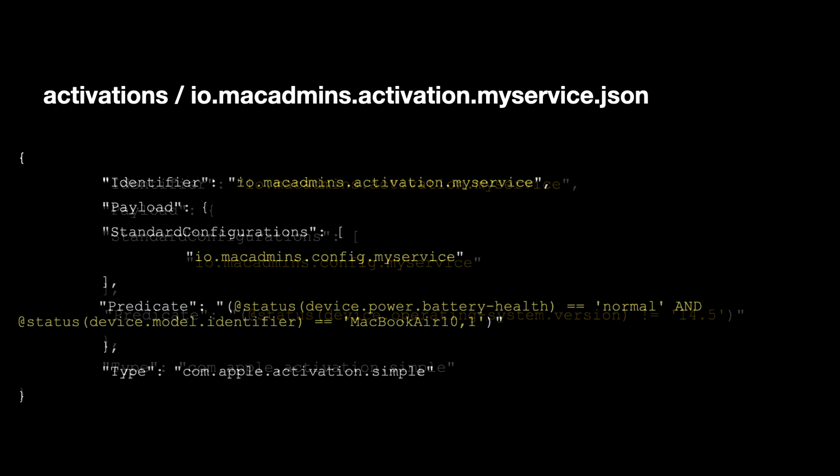And speaking of that, you can string them together with ands and ors. Again, it's very similar to what you're used to with the log command. And there are other built-in statuses, like the device model identifier and battery health in this example.